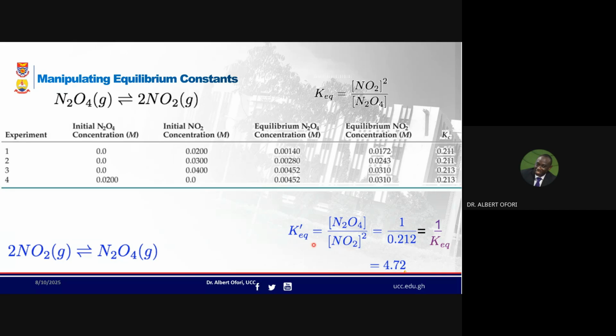Please note that. K prime is equal to 1 over K original. Later, we don't need to calculate to be sure; we can establish that K prime, the new constant, is equal to 1 over the old equilibrium constant.